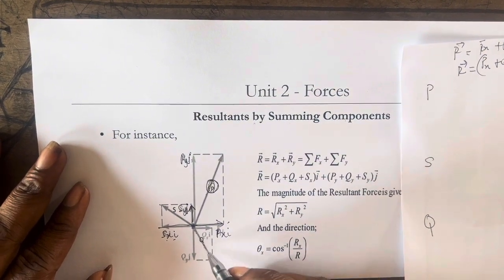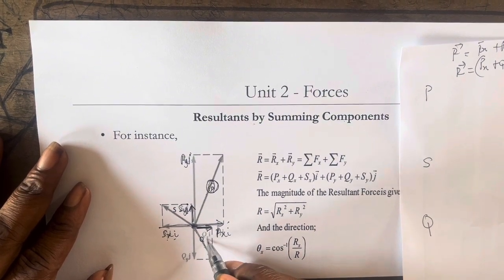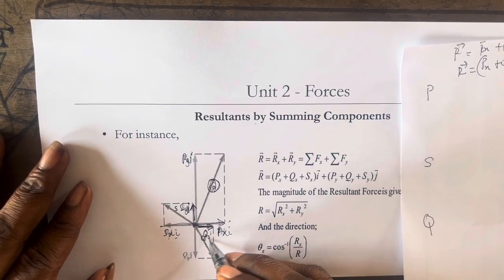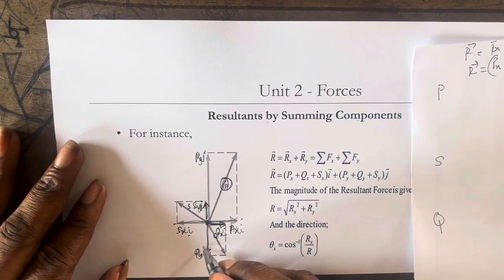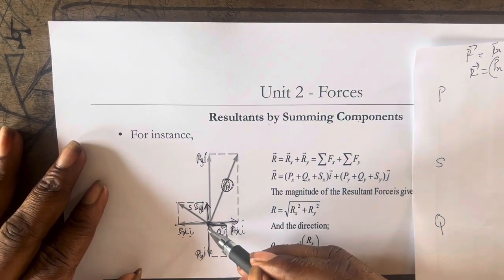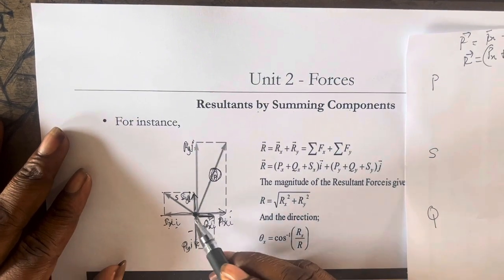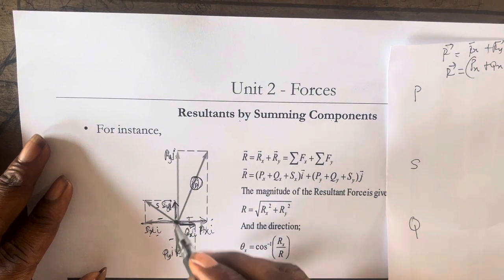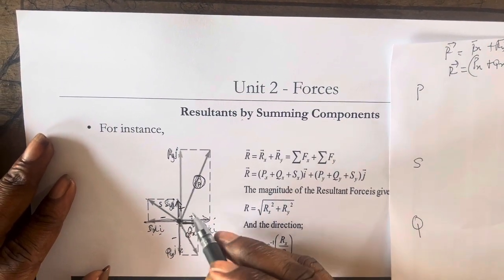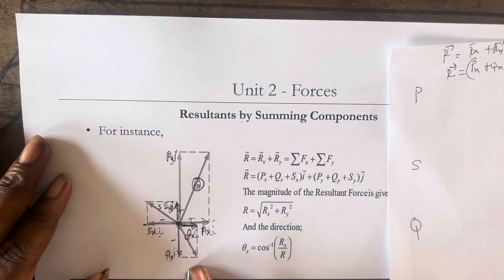And this is the force Q, which was also resolved into the horizontal component Qx i, and the vertical component Qy j. But always take note, if here is the center, then if it's coming down, it should be negative. If it's going here, it should be positive. If it's going here, it should be negative. And if it's going here, it should be positive. So this is a positive plane, and these are the negative planes. It's something you should also keep in mind.